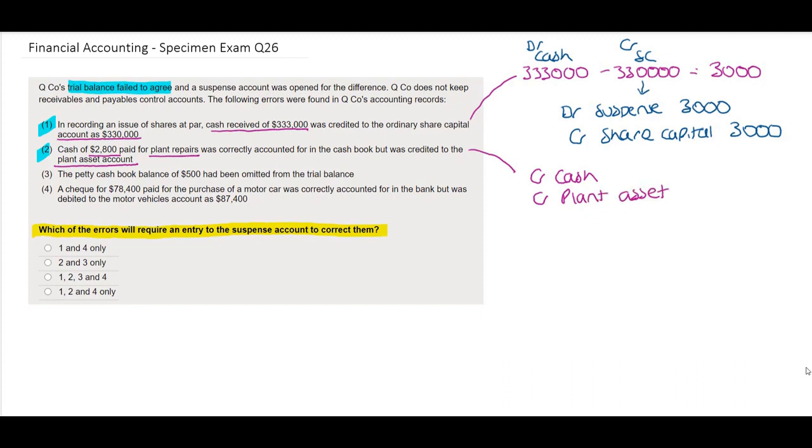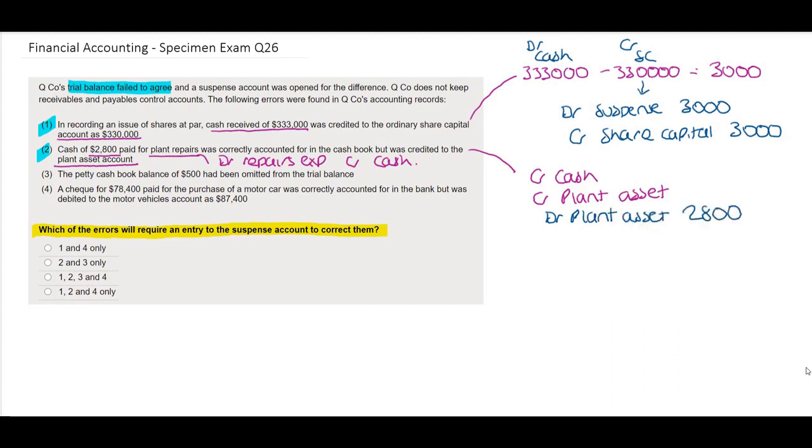What should have happened, as it is a repair, would have been to debit the repairs expense account and credit cash. We therefore need to do 2 things. We need to remove the balance from the plant asset account, and we also need to put it in the repairs account on the correct side. So we will need to debit the plant asset account to remove the balance for $2,800.